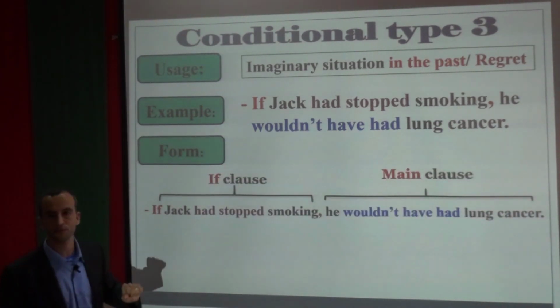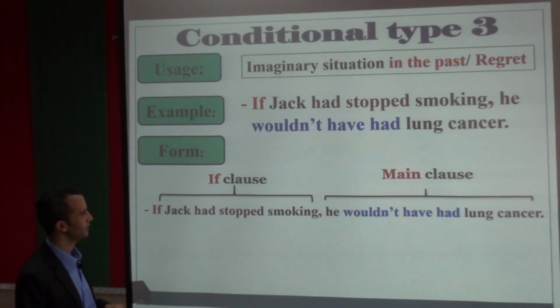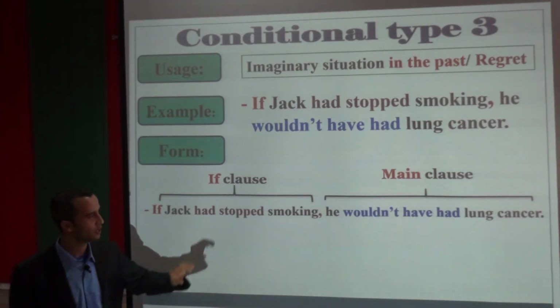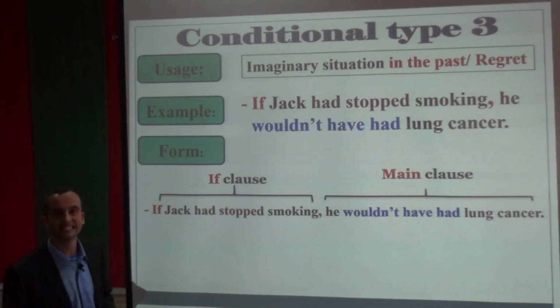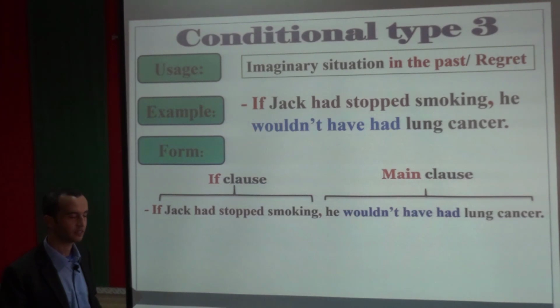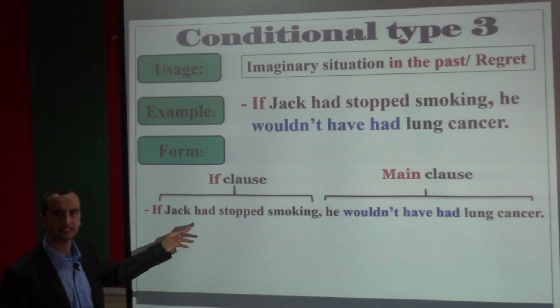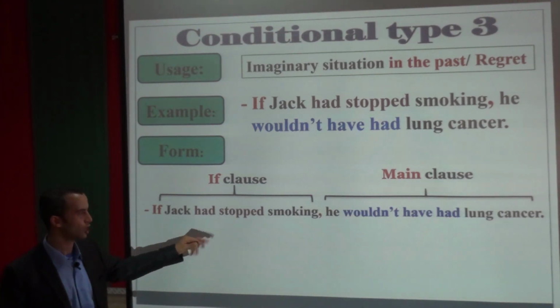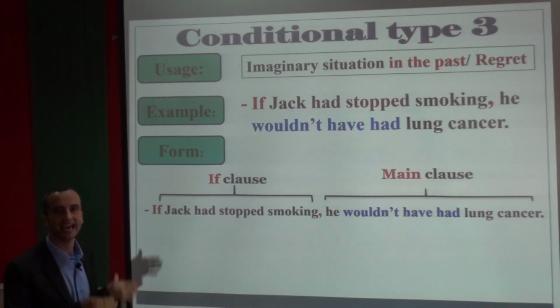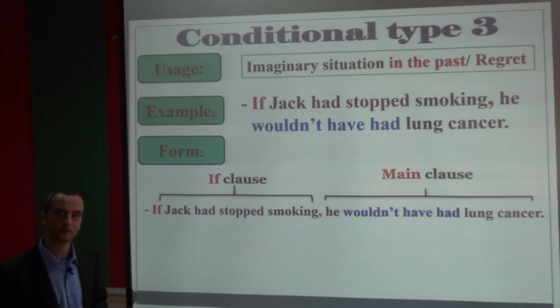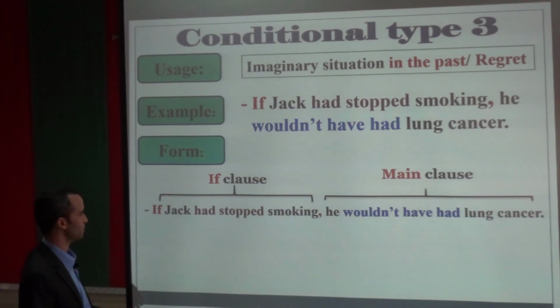Now, to analyze the form, to talk about the form, here again we have the if clause and the main clause. Fine? Now let us discuss the tenses. Where is the verb here in the if clause? Great. Is it had? Is it stopped? No. So the tense here is had stopped. Which tense is this? Wonderful.